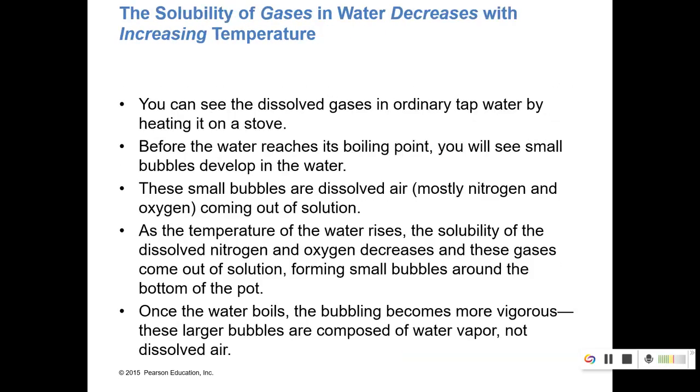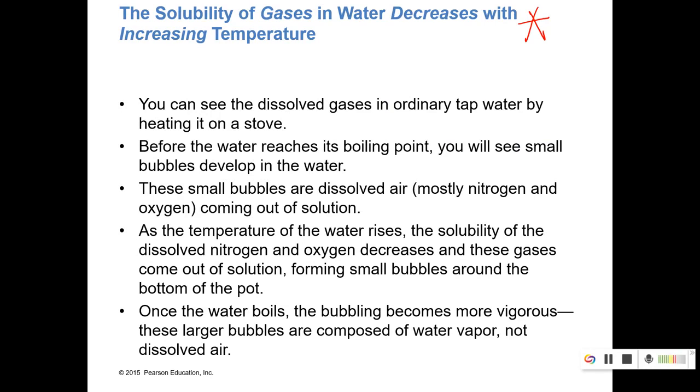Okay, one of the last things we're going to talk about in this video is the solubility of gas in water. So what you need to write for this one is up here. Solubility of gas does decrease as you heat it up. So think about soda on a hot summer day. If you leave a soda in the car and you go into Walmart and you come back out, your soda is probably flat.